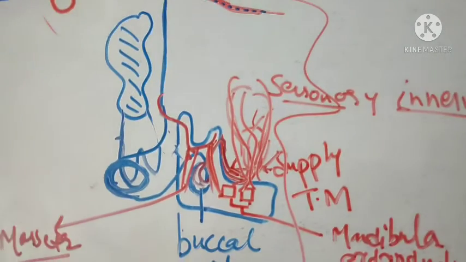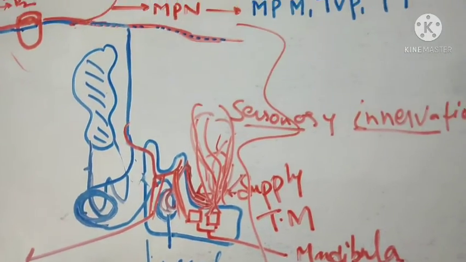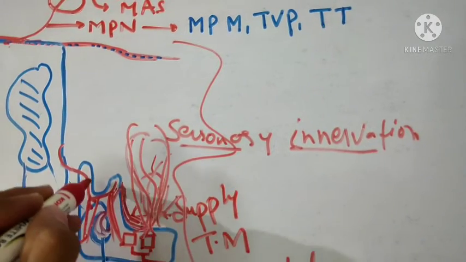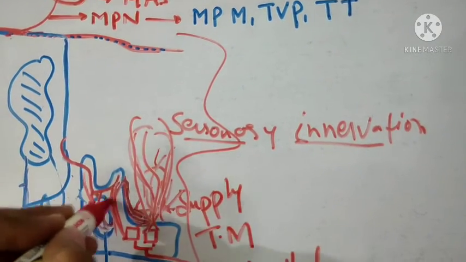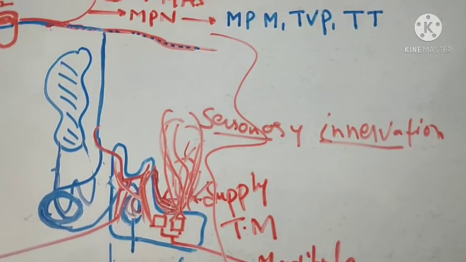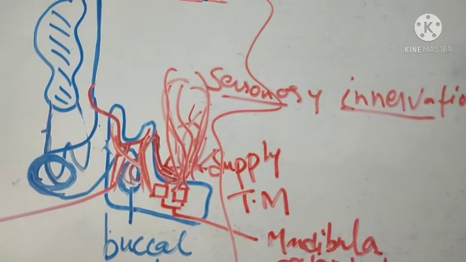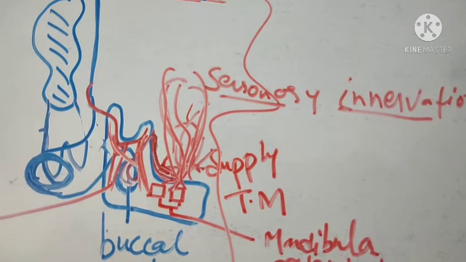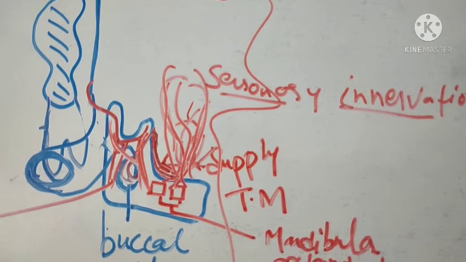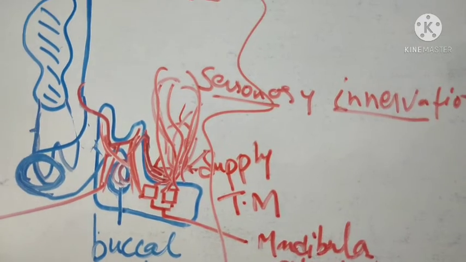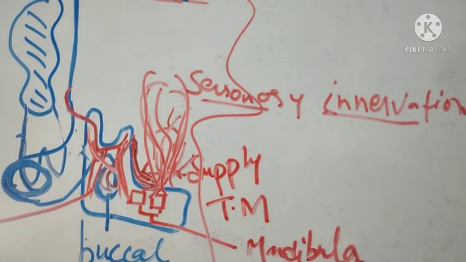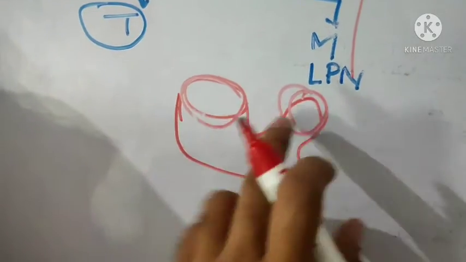Let me discuss the other fiber which passes through the retromolar triangle. When you see the cast of the mandible, these are the retromolar triangles.